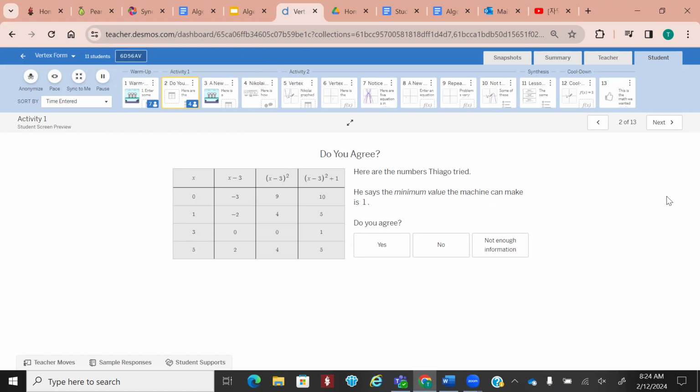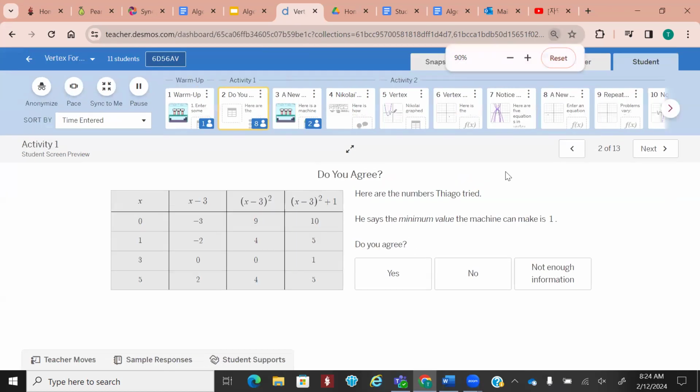So on side 2, he says the minimum value the machine can make is 1. Do you agree or disagree? Okay, so let me help you. Looking at this last column, what's the vertex?